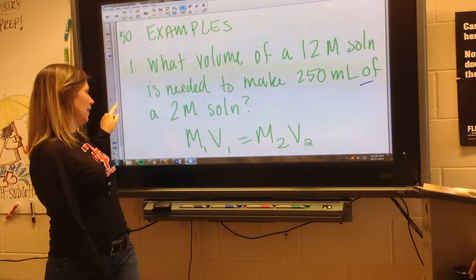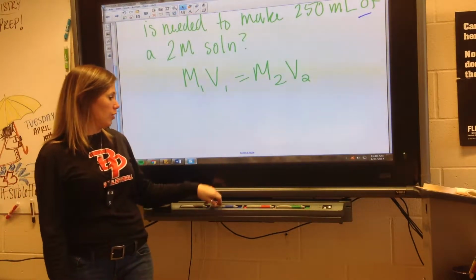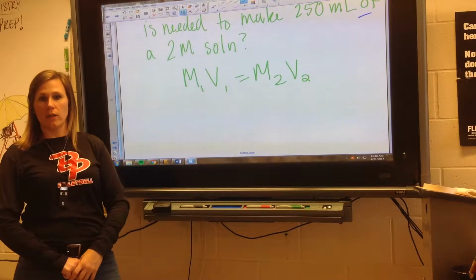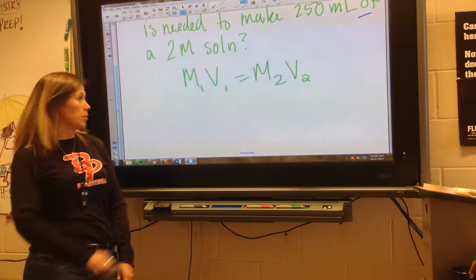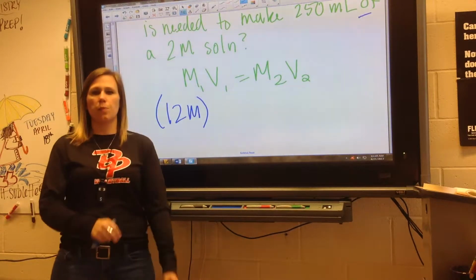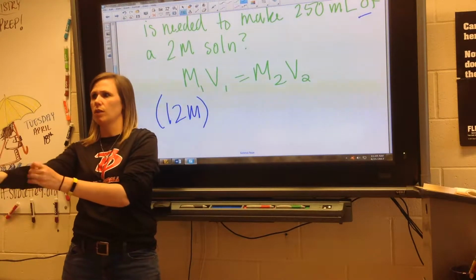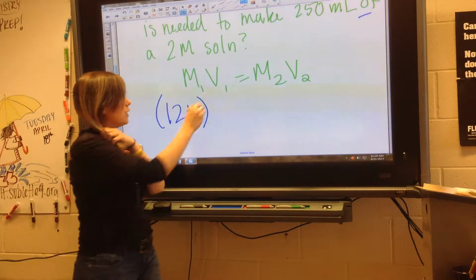All right, so we know our formulas. M1V1 is equal to M2V2. So, Devaney, do we know M1? Yep, 12 is going to be our original concentration, 12 molar. Sometimes it'll describe that as your stock solution. Just know that that's your concentrated solution that you're going to be diluting. Okay. Do we know our V1, Buck?